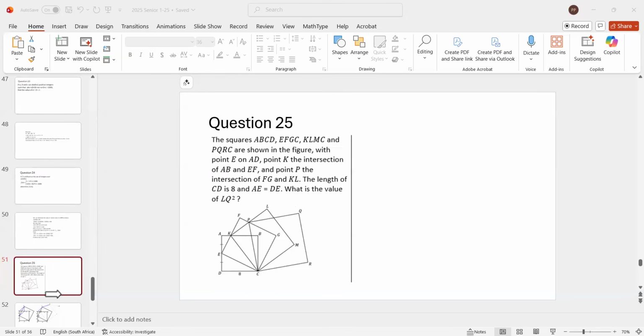And what I'm going to do is, I'm going to just analyze just the first two steps from A, B, C, D to E, F, G, C. And I'd like to simply calculate this length here.